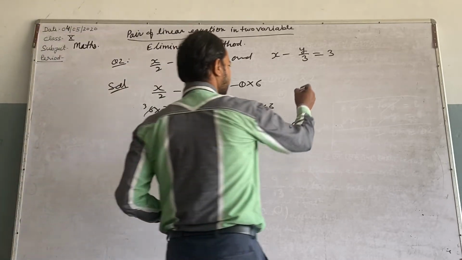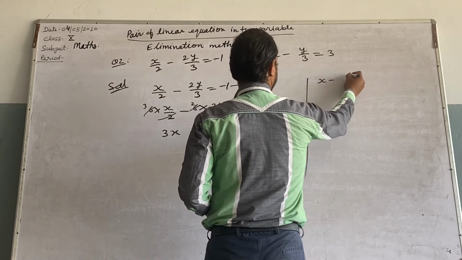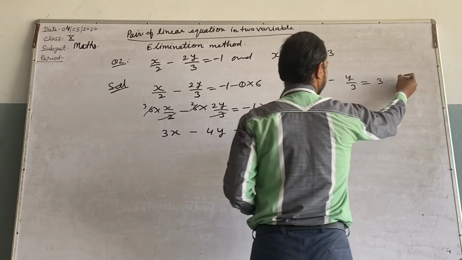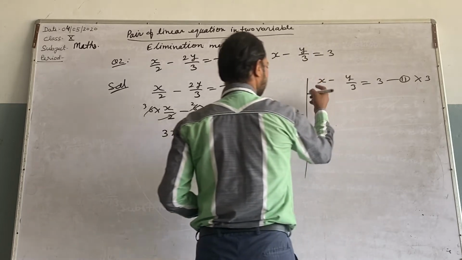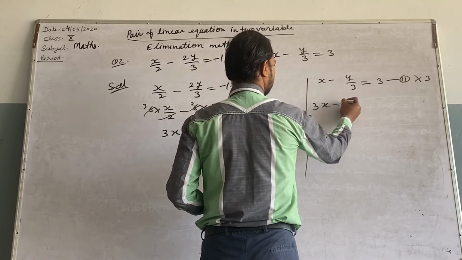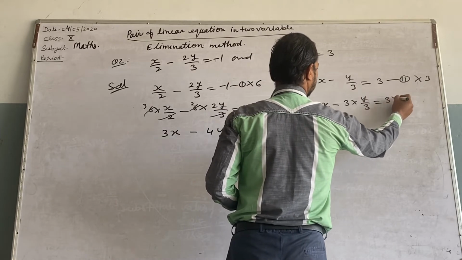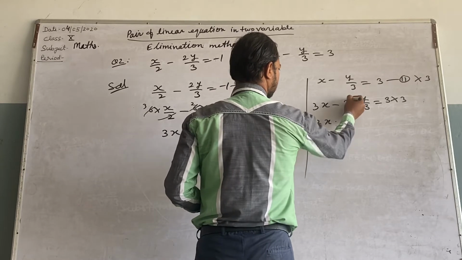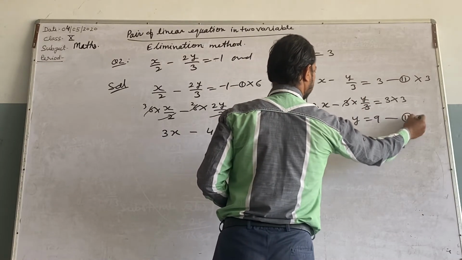Now in the second case, x minus y by 3 equal to 3. You can multiply here by 3. You will get 3x minus 3 into y by 3 equal to 3 into 3. You get here 3x, and this is cancelled, minus y equal to 9. Equation number 2.